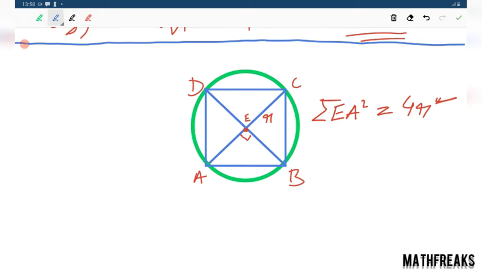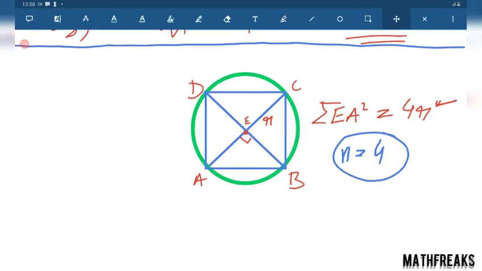You have been asked to find n, n will be 4. So this was the method of fake solving. Now let's go for the original method.